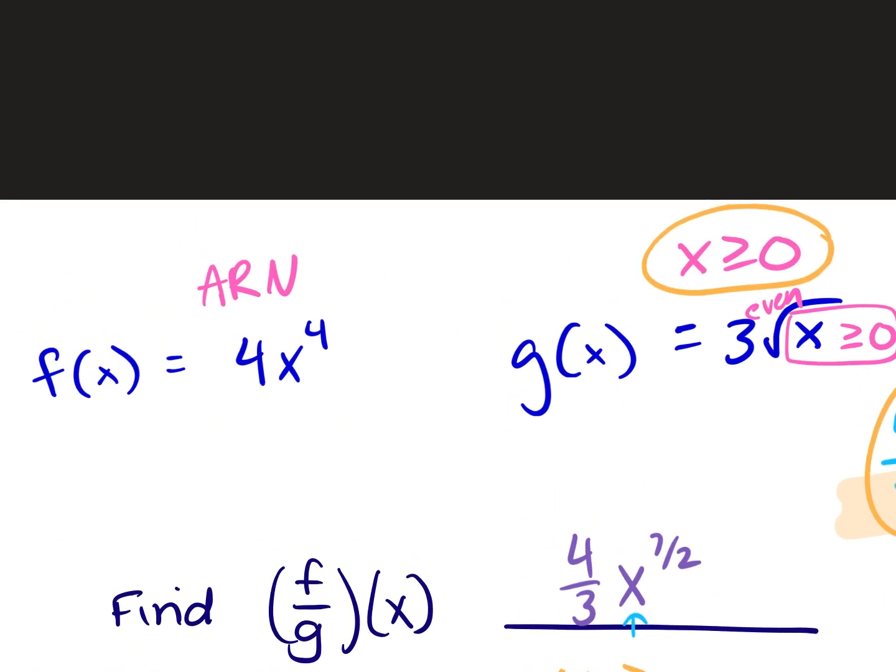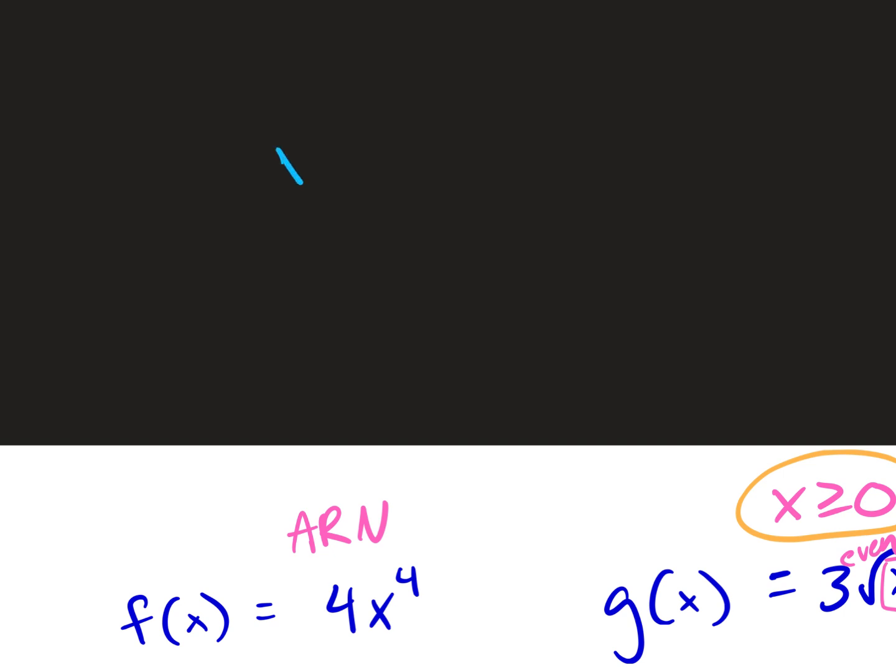So if I had something like x to the 1/4 power, what would my domain for this be? X is greater than or equal to 0 because my index is 4, which means that even index, you can't have negatives underneath.